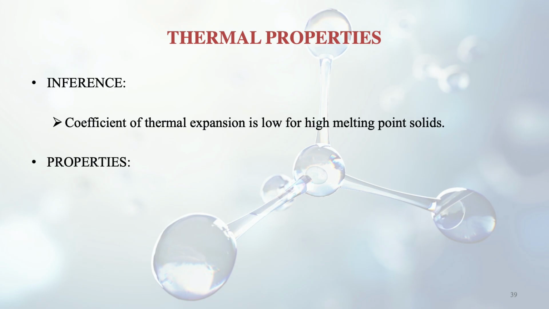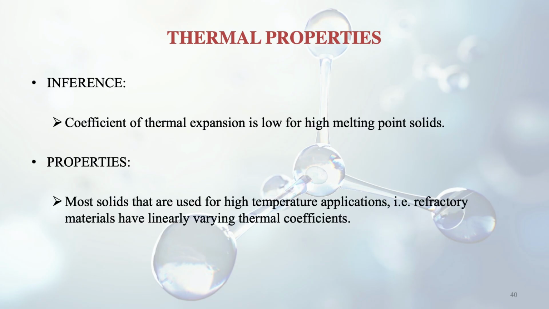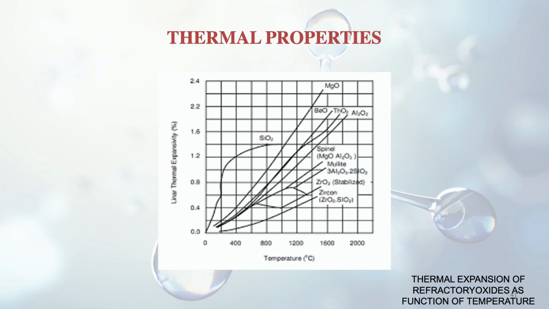Certain properties we shall discuss now of solids. Most solids used for high temperature applications, that is refractory materials, have linearly varying thermal coefficients. There is a linear relation. In this graph you can see the thermal expansion of the refractory oxides as a function of temperature.